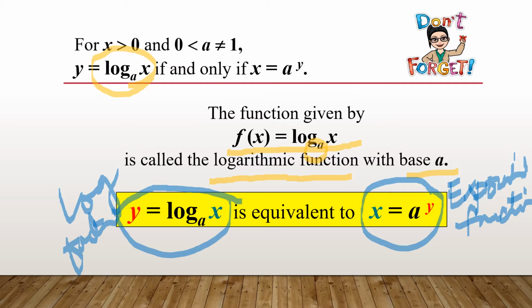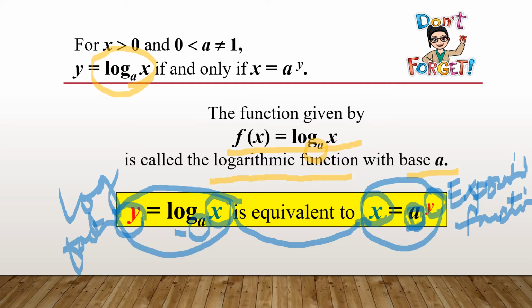Now, let's take a look. X here is also x here, which is the result or the number. Now, a, which is the base in logarithm, is also the base here in exponential function. And the y here, the result of logarithm, is the exponent of exponential function.